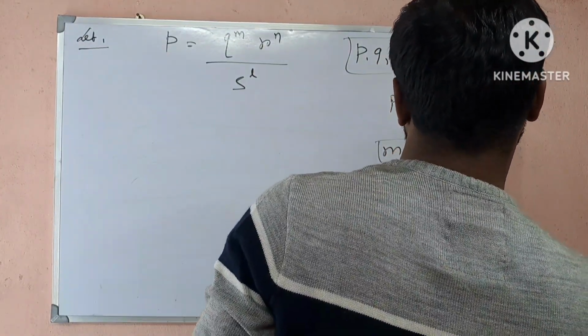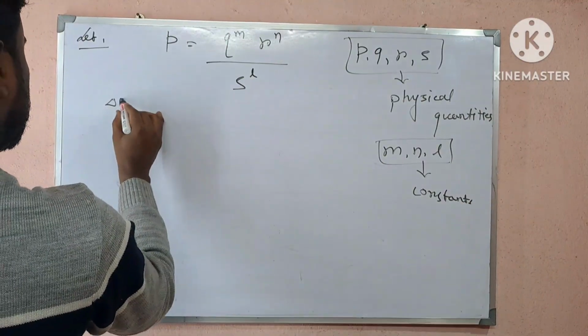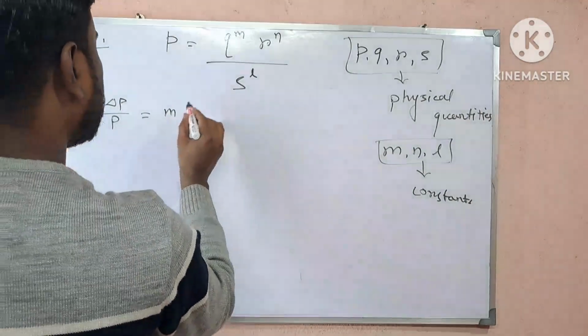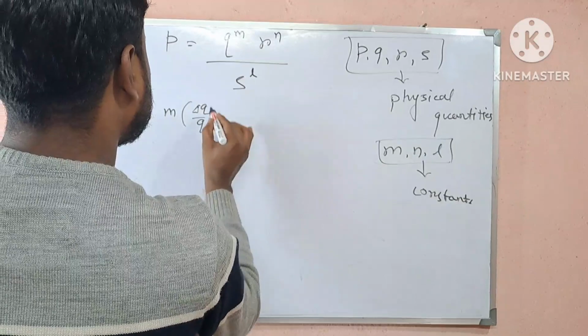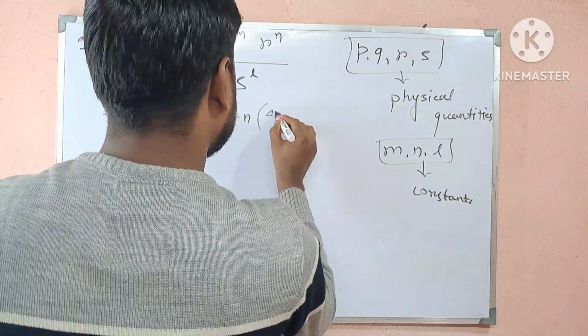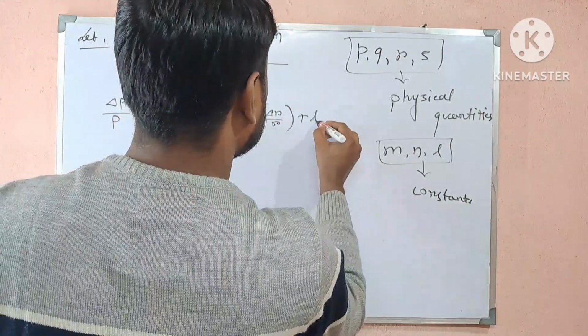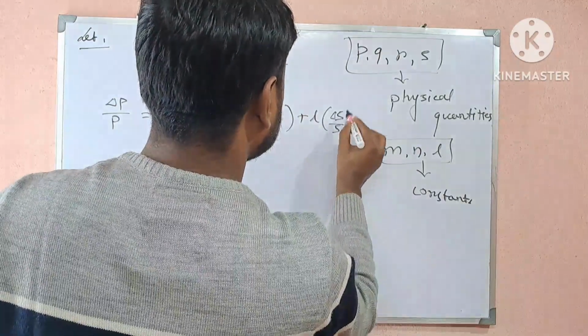So what will be the general formula? As I told you, delta P by P will be M into delta Q by Q plus N into delta R by R plus L into delta S by S.